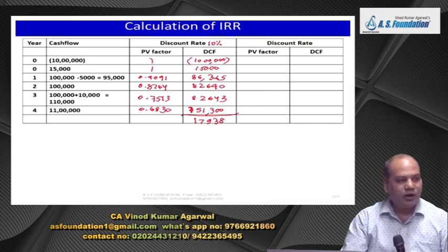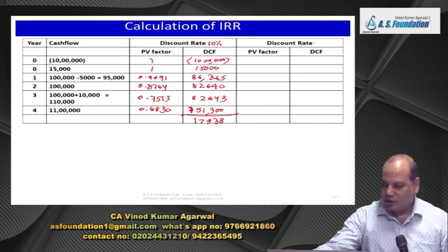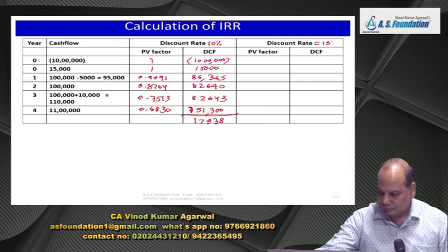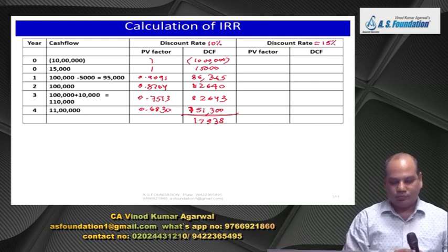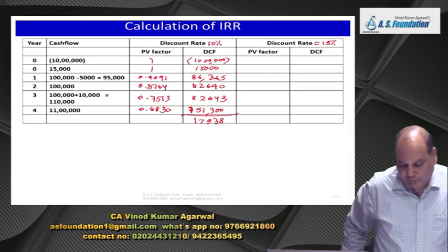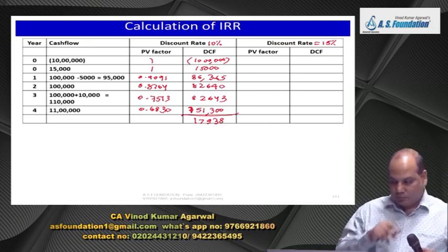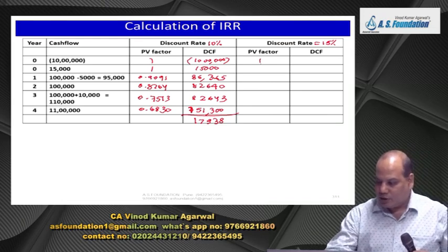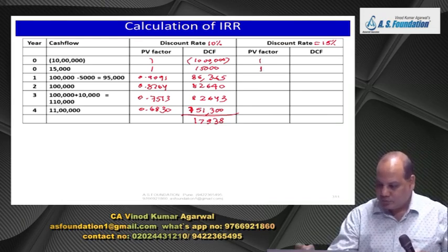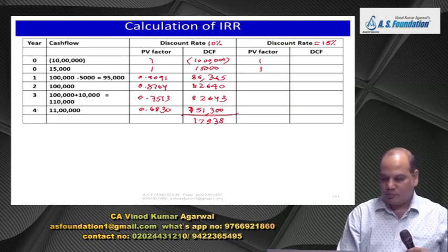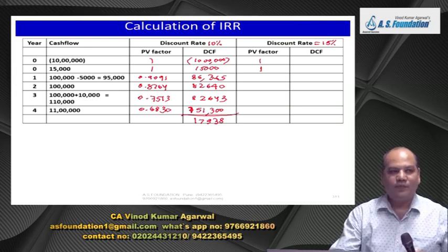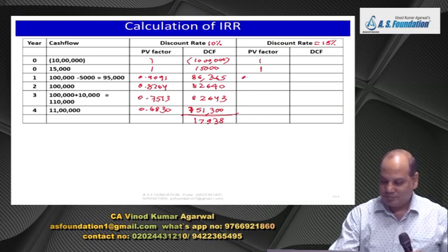Which means I will take a higher rate now. So we'll take, let's say, 15%. No problem, you can take 12, 13, 14 also. So please be little active. One upon 1.15 equal to 0.8696.